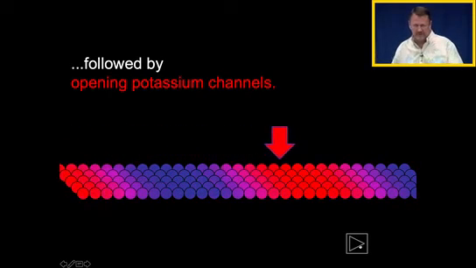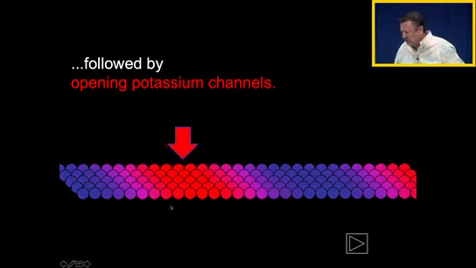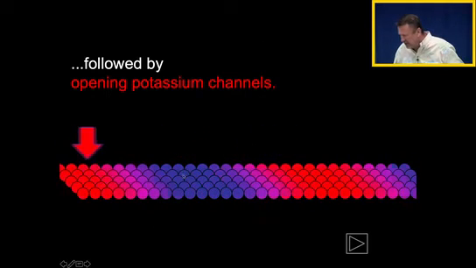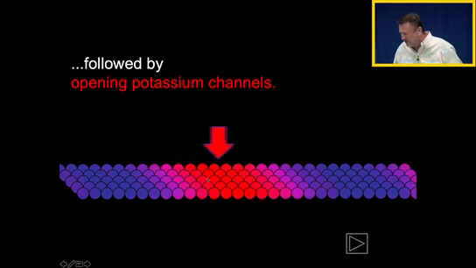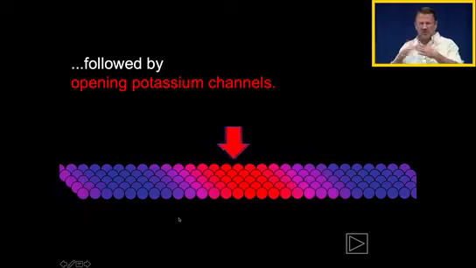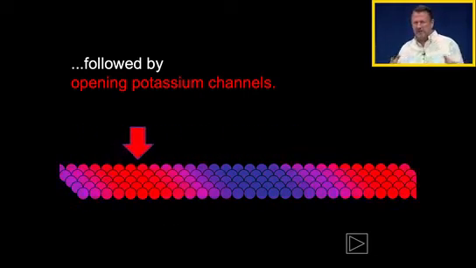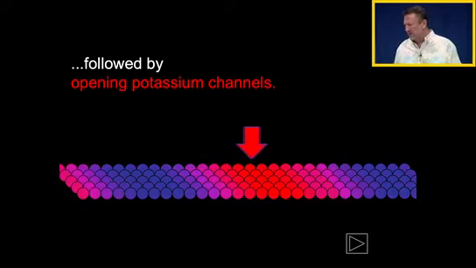We have to give it time to work. Let's point at this part of the membrane right here. It's polarized, it opens, depolarized, potassium compensates, now it's reset, sodium channels open, now potassium compensates, sodium channels, potassium channels. And this is always going on to create this wave of voltage change down the membrane.